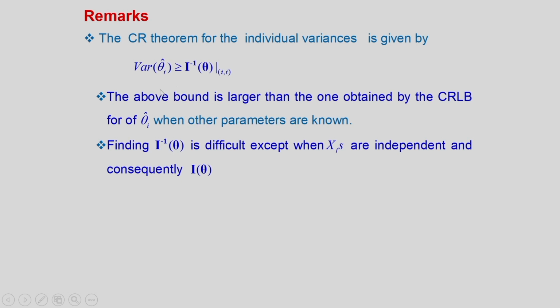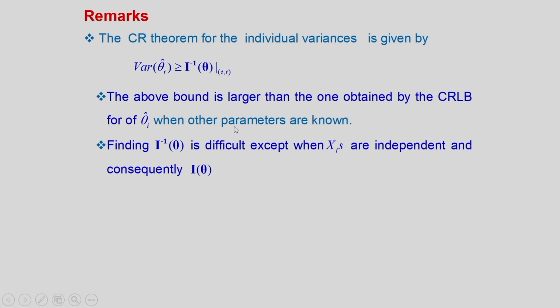For example, we can find individually the bound on the variance of theta i hat, assuming that the other parameters are known. In that case, we will get a lower bound. So, the bound we get through this matrix is larger than what we get individually, that is, larger than the one obtained by CRLB for theta i hat when other parameters are known.